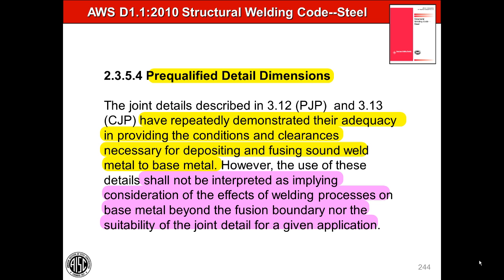Lamellar tearing is beyond the boundary of the weld metal to the base metal. And so this is a hint that's saying we need to be careful about these kinds of things.